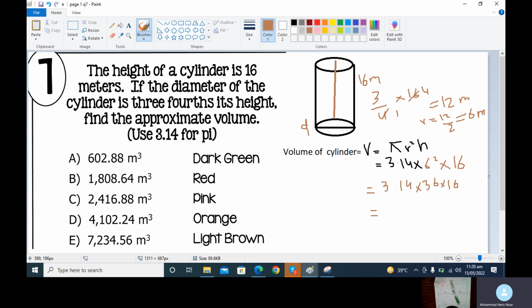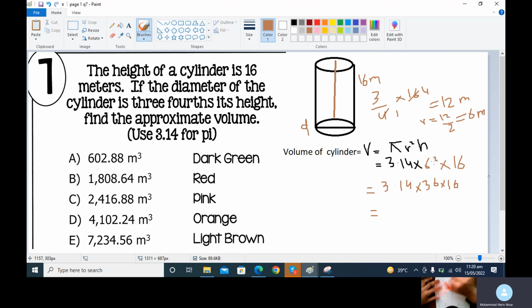So you need to put the formula of the volume of a cylinder, isn't it? That's the first step. So the volume of a cylinder is V is equal to pi r square h. Now you can see the available data: you have the value of pi, 3.14, but you don't have the value of r. Up till now, you have the value of h, the height, that is 16 meters.